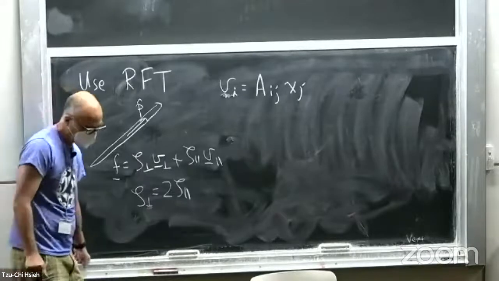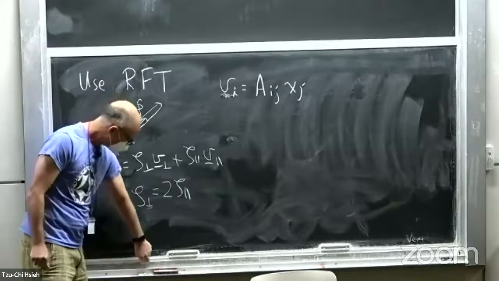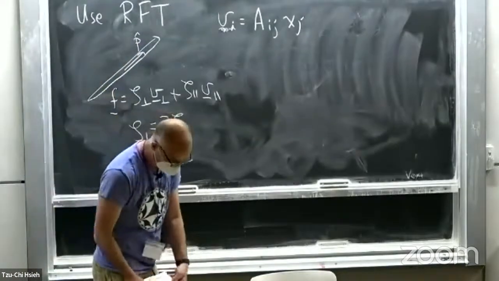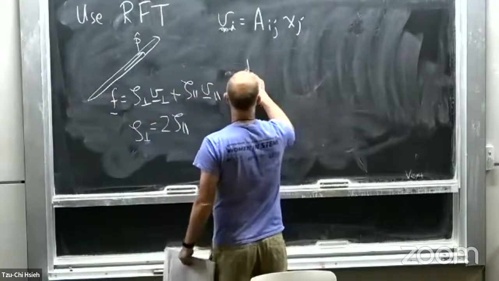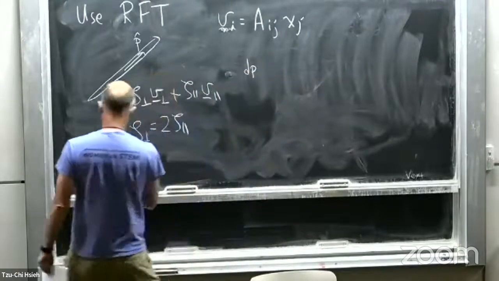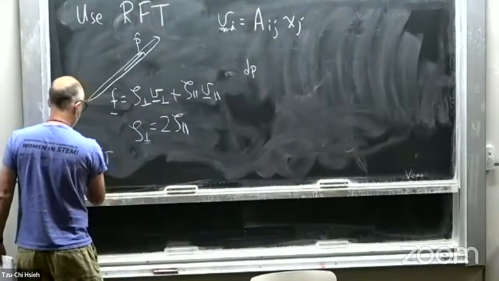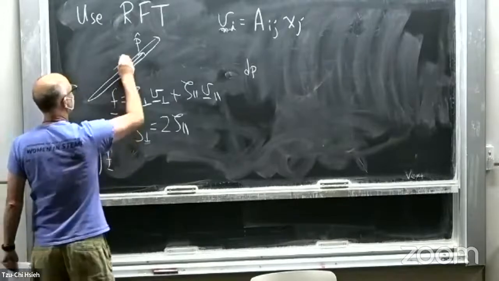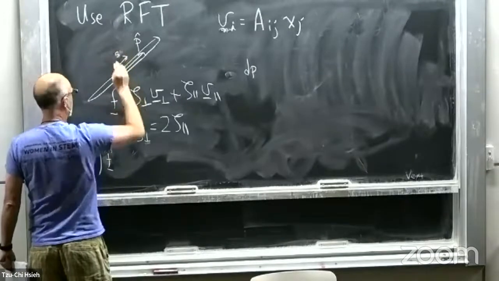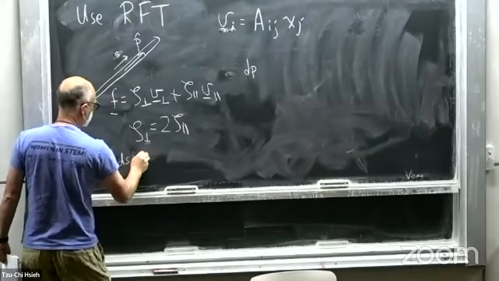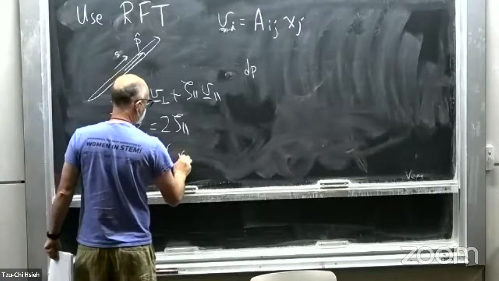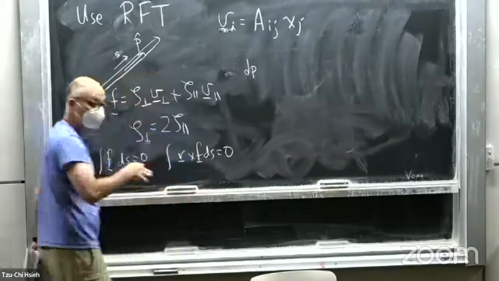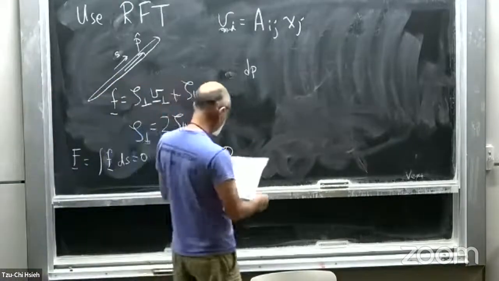So the result is that you say the total force, the integral of f ds, is equal to 0, and the integral of r cross f ds is equal to 0. You say zero torque and zero force.